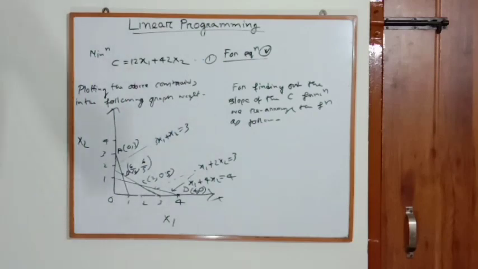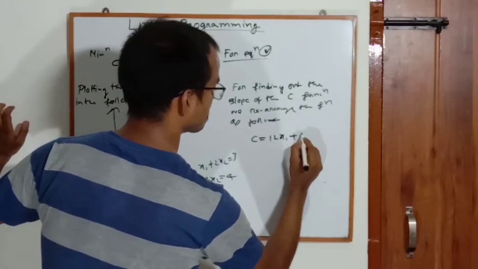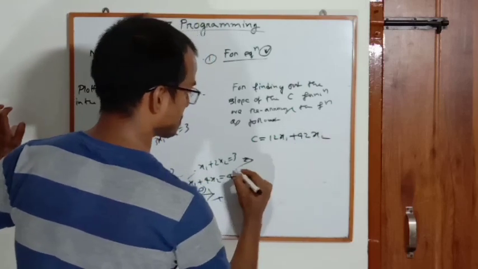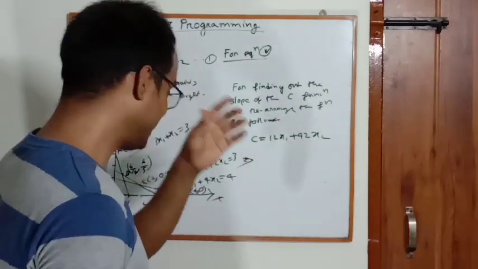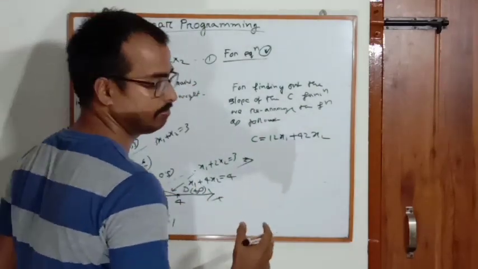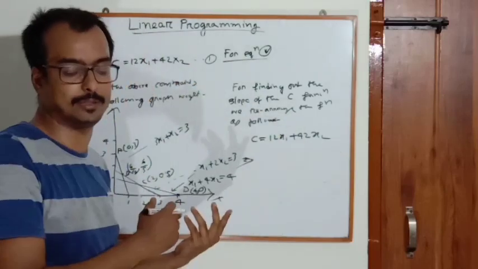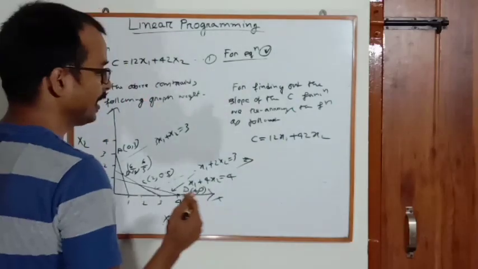So you have to rearrange the function. I did it in my last class, so I'm not repeating those things. Why for slope you have to take x to this side and the remaining to that side, all these things I have said in detail in my last class.